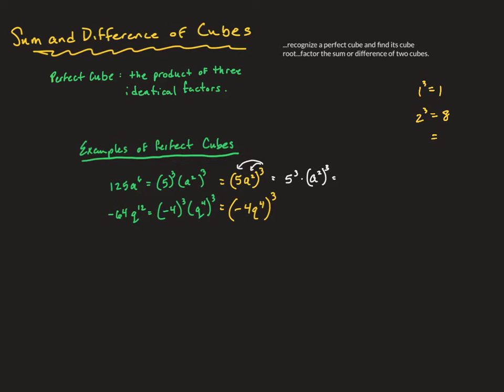We want to be able to move back and forth over that relationship. 3 cubed is 27. 4 cubed is going to be 64. 5 cubed is going to be 125. At this point in time, you should be able to pick those 5 out immediately.